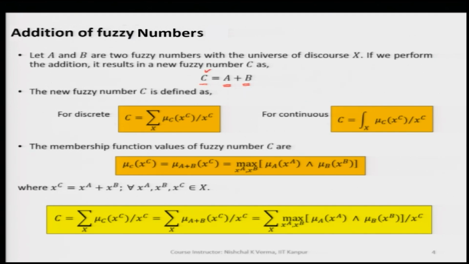When we say C is a resultant fuzzy set, obviously C will have a representation as we have already discussed.